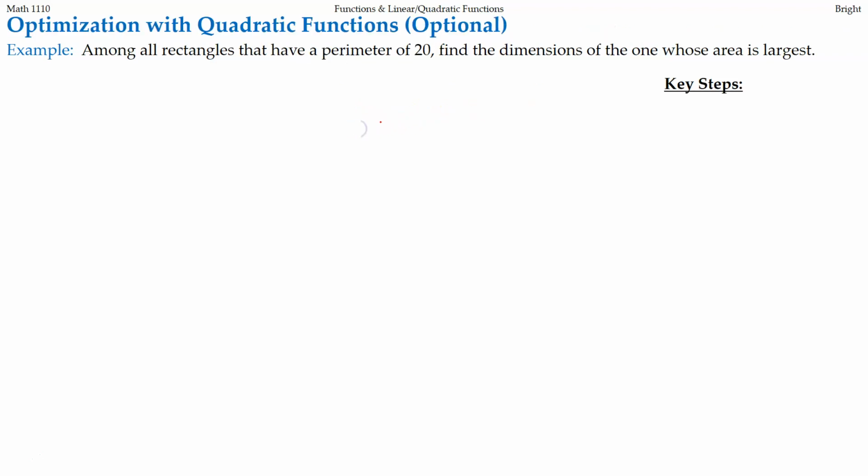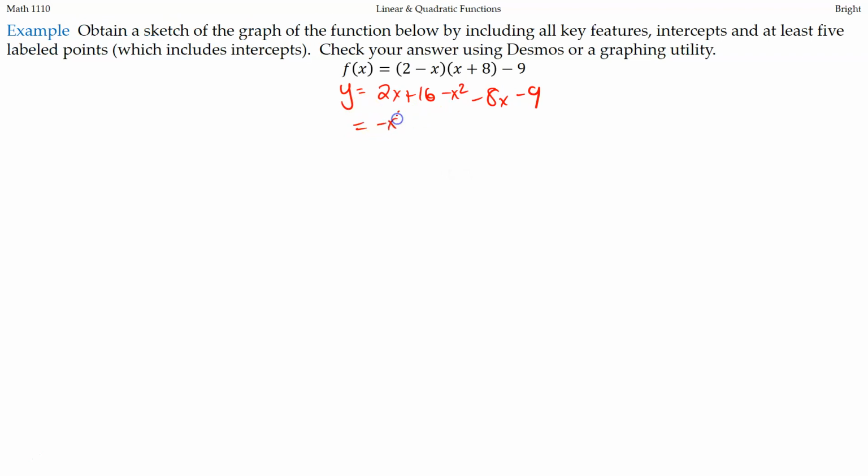And so what do I get? Minus x squared minus 6x and then plus 7. Or equivalently minus x squared plus 6x minus 7. Okay, so that's my y value.